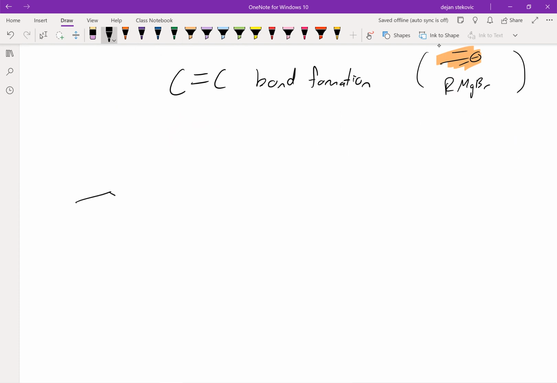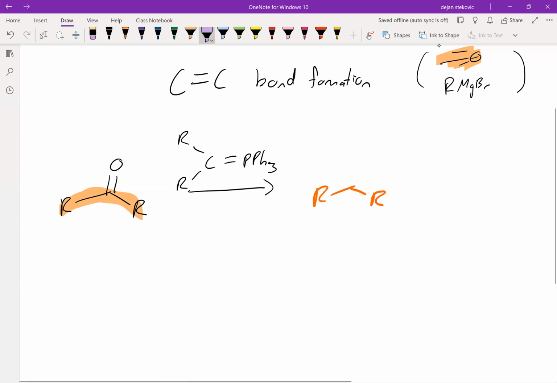What we have here is an aldehyde or a ketone, and it reacts with what's called the ylide, or an ylide. So here it's a carbon-carbon double bond, and then there's other R groups on this carbon. What it does is fuse these components together. So this part right here stays there, and then the part from the ylide attaches onto it.